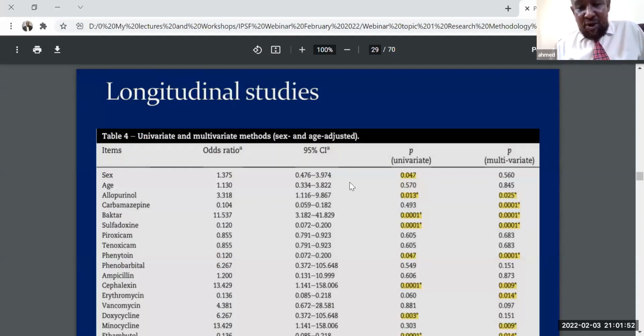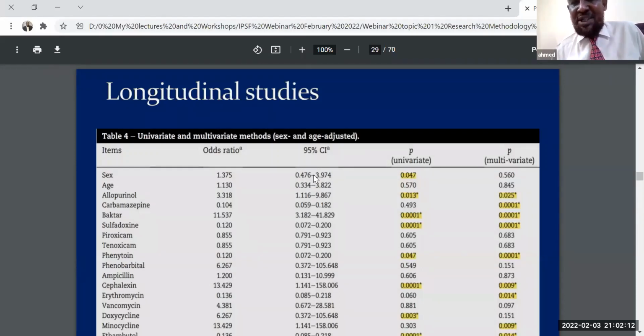Here, the confidence interval for the odds ratio should not include 1 among its limits. For example, for the first one, the confidence interval is 0.47 to 3.9. So the lower limit is 0.47, less than 1, and the upper limit is 3.9, more than 1.